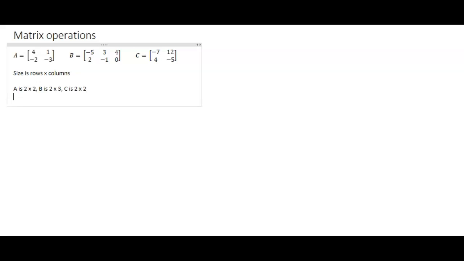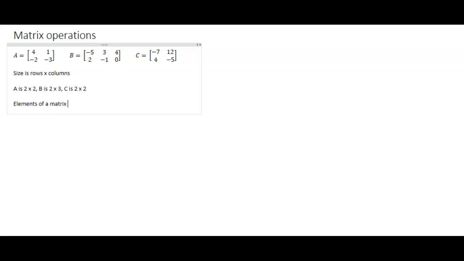It's also useful to be able to talk about particular elements of a matrix. The way we're going to do that is by naming the row that it's in and then the column that it's in. Rows are always first, all the time, every time.